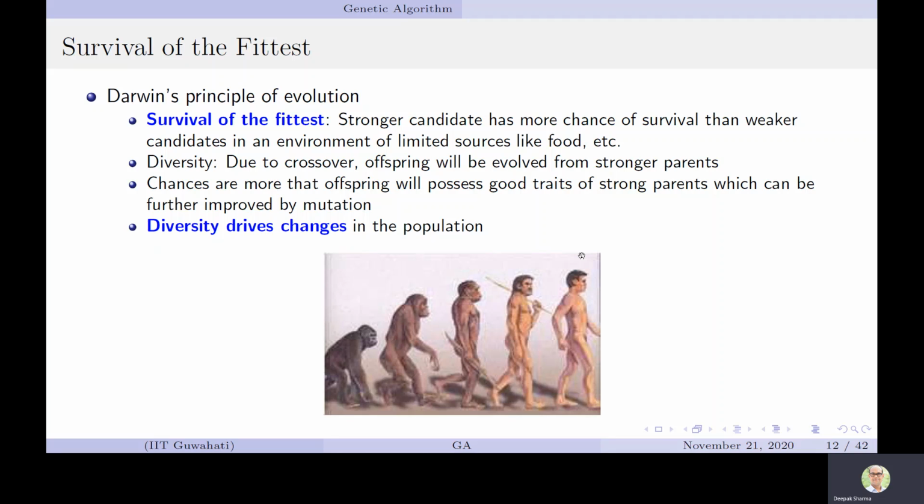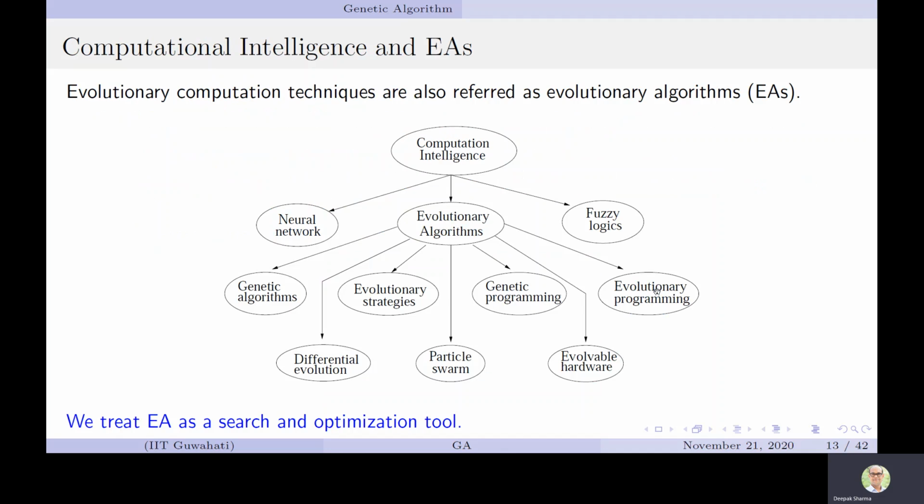And that's why at the end, this is what we are right now. So we always say that diversity drives the change in the population. Looking at this human evolution, this genetic algorithm is developed, hoping that it is going to solve the complex optimization problem for us.